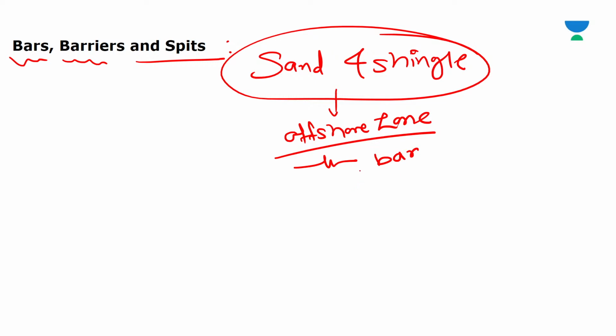An offshore bar which is exposed due to further addition of sand is termed a barrier bar. Now, the offshore bars and barriers commonly form across the mouth of a river or at the entrance of a bay.